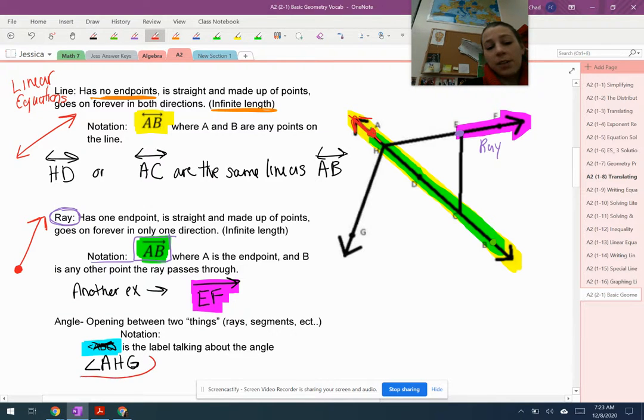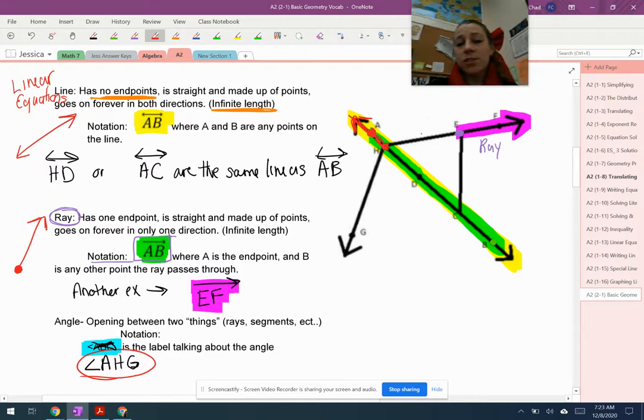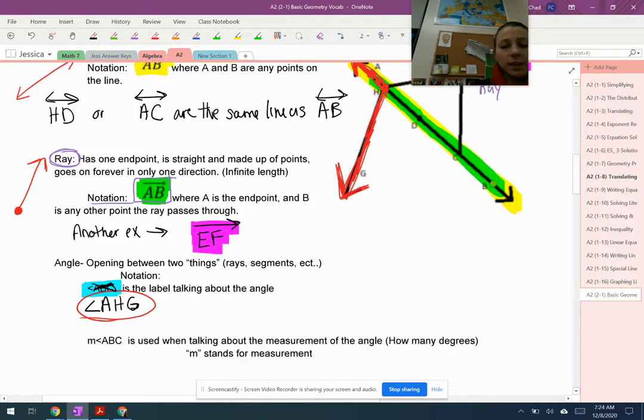I'm going to highlight this in red, AHG. Angle AHG. And again, an angle looks something like this.